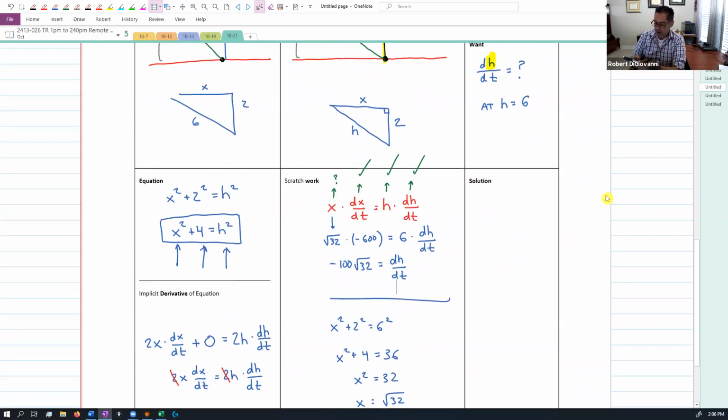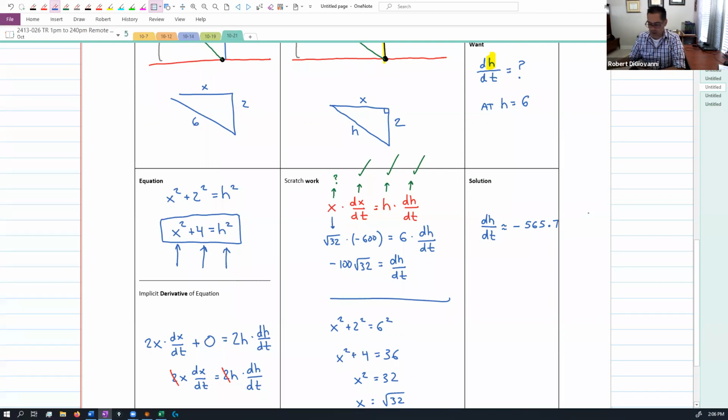All right, so on my calculator, I'm going to do the square root of 32. And I'm going to multiply that times negative 100. And I get dh dt is approximately negative 565.7. I'll just round to one decimal place.